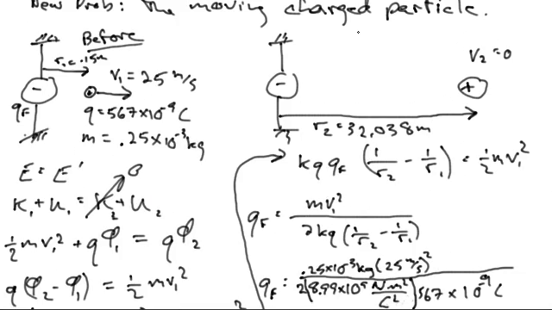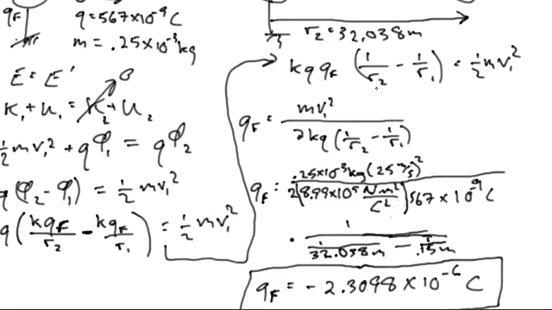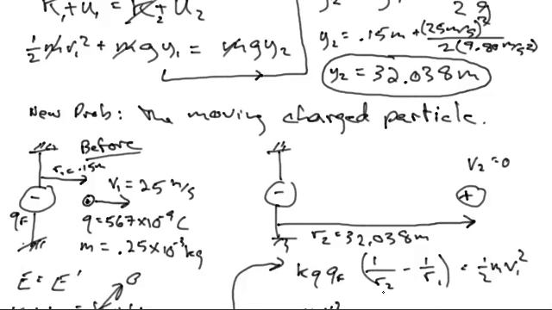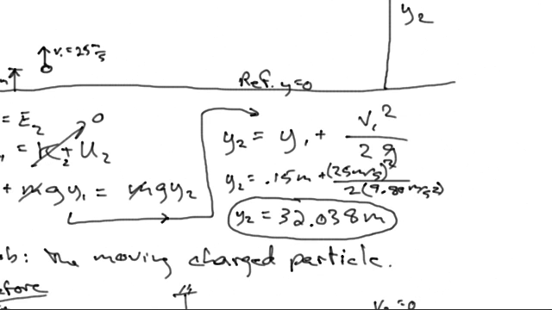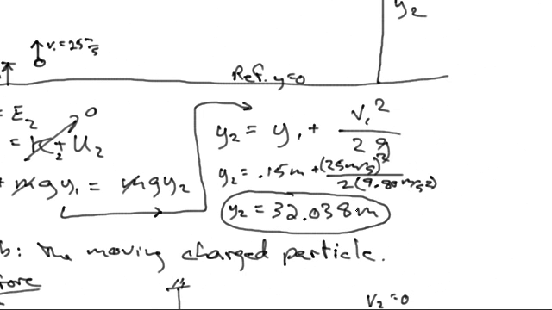When I calculated the max height, I saved a lot of digits there, so I would expect it to come out 0. So this is the height. Y2 came out to be 32.038.